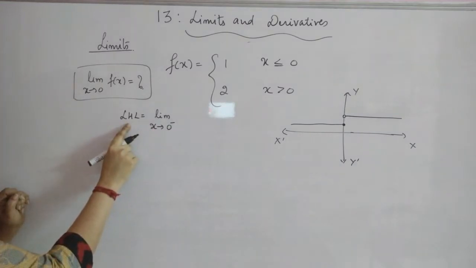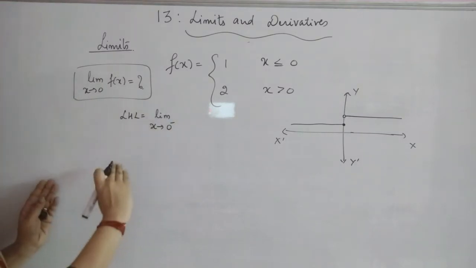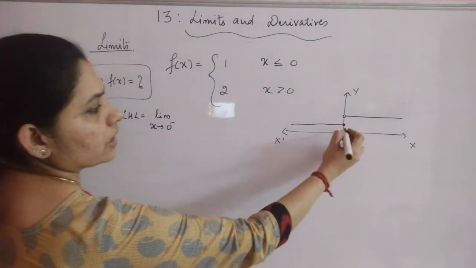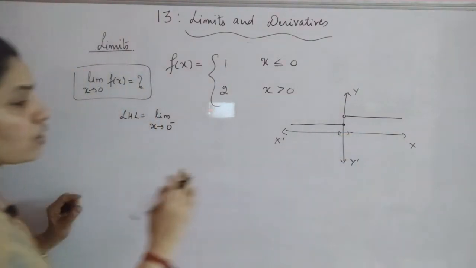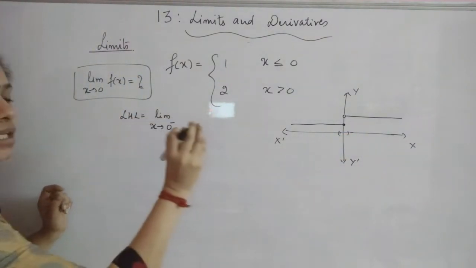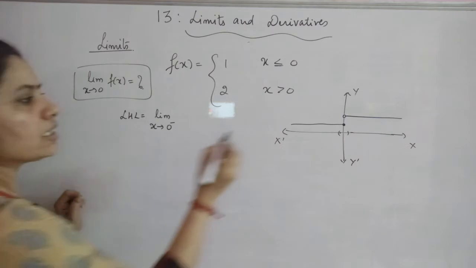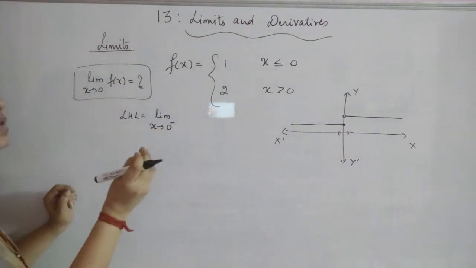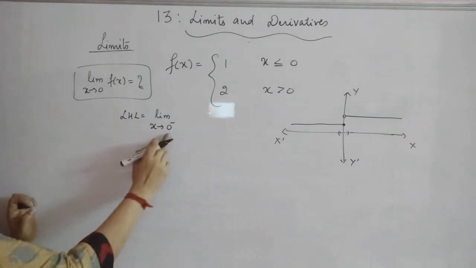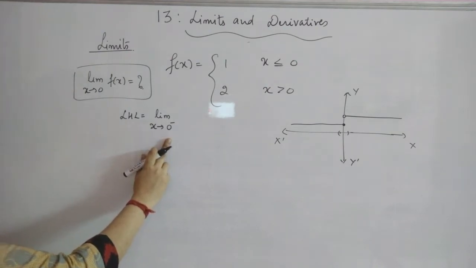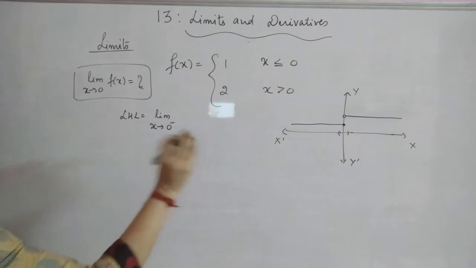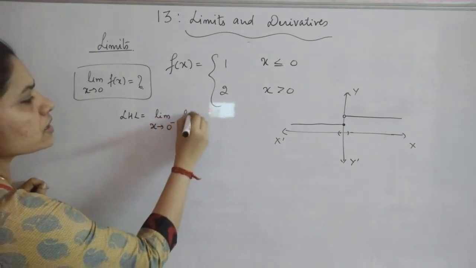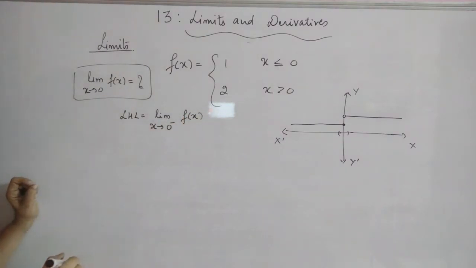If it is the left hand side, 0 minus means x is approaching from the left side of 0. That means this part. Left side of 0 means not a very big part. We are just taking a neighborhood of 0 so that the value which we are dealing with, that is for left hand limit, is very close to 0. 0 minus means it is not like minus 1, minus 2, it is very near to 0 but negative. So this is the notation, limit x tends to 0 minus f of x.